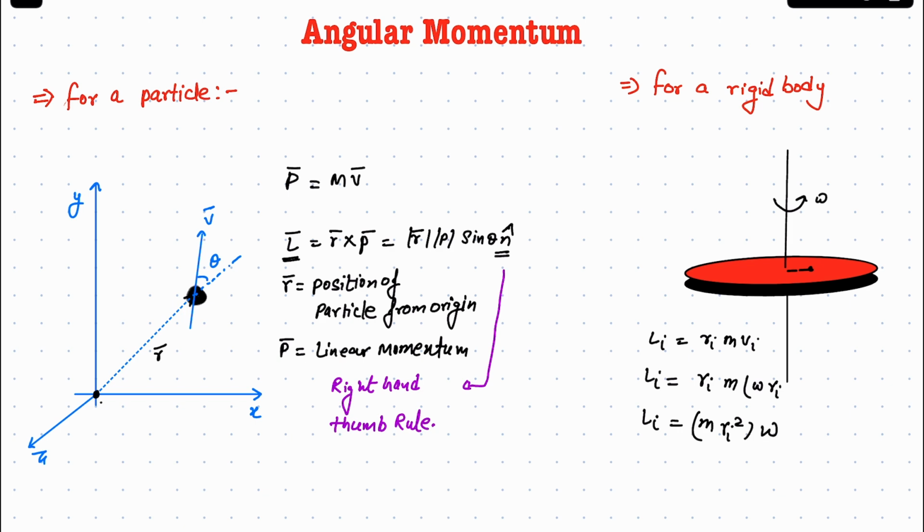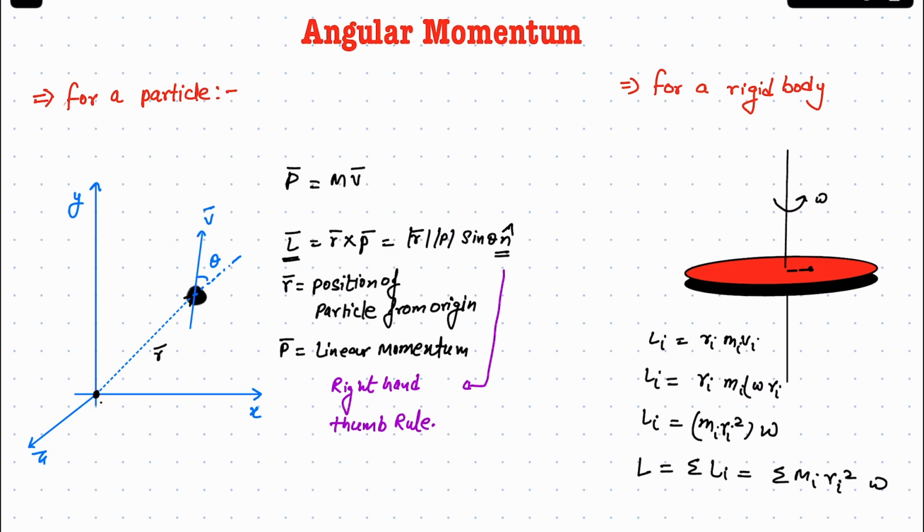Now if we want to find out the total angular momentum, the total angular momentum will be the summation of the angular momentum of all these ith particles, which will be the summation of mi, the mass of the ith particle, and ri square multiplied by omega.